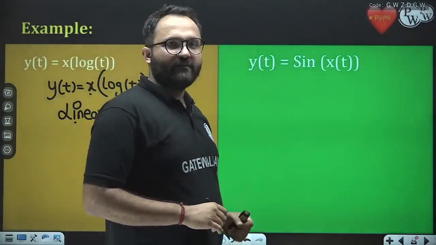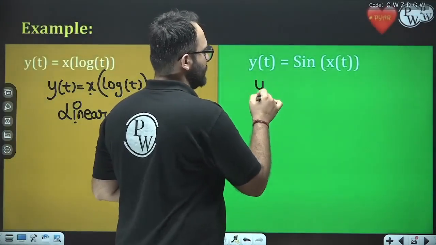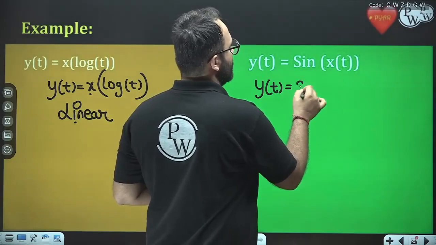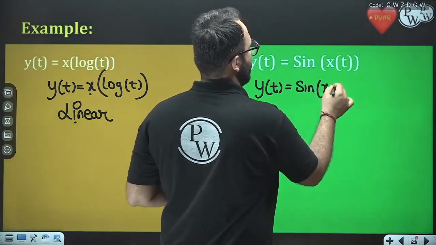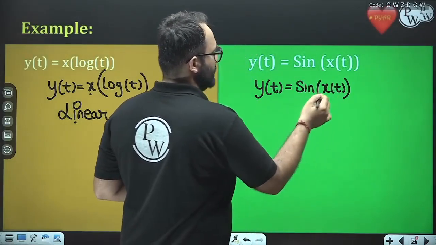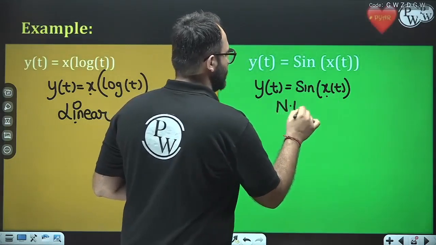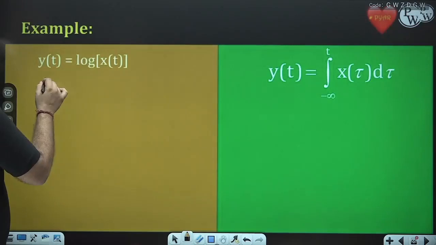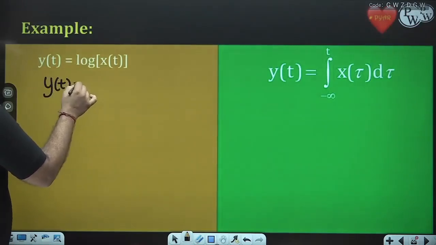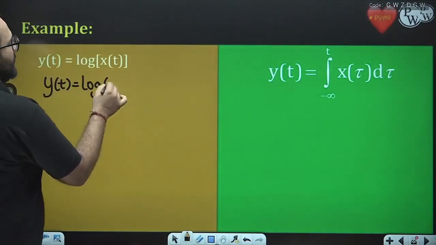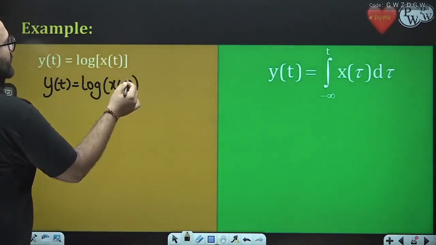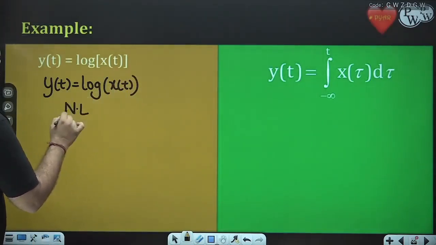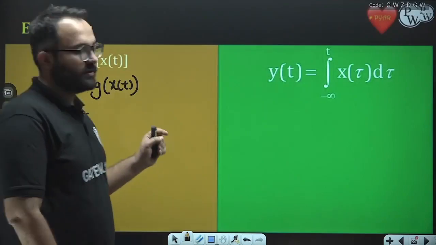Now here we are having a non-linear operation on x, so it is non-linear, no doubt about it. Next, y(t) equals log of x(t). Log is a non-linear operation, so this is non-linear.